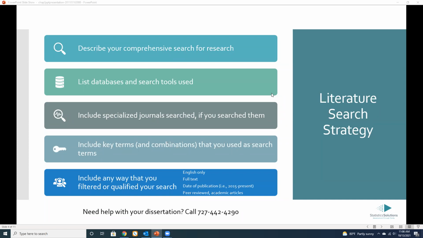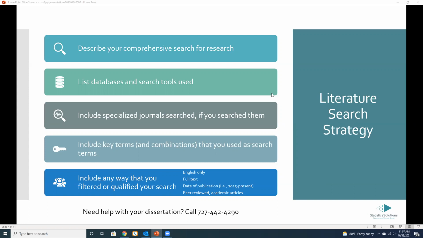You want to list the databases and the search tools that you used. Search tools are things like Google Scholar, Academic Search Complete, Academic Search Premier. Most academic databases have those. Those are search tools that search multiple databases. So you get a lot of coverage with those.